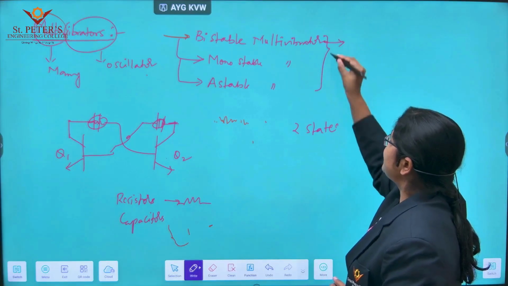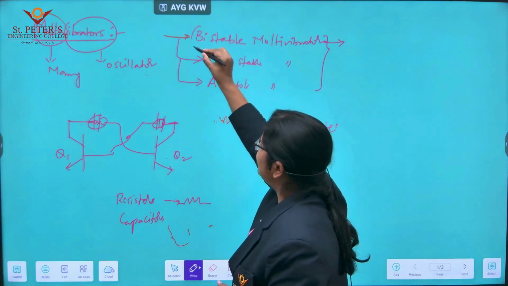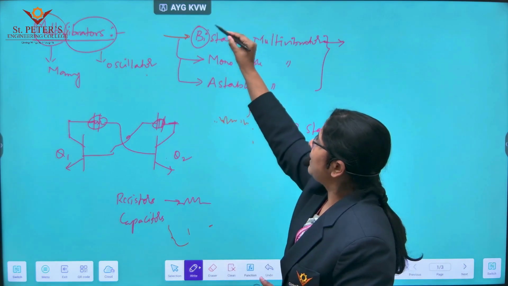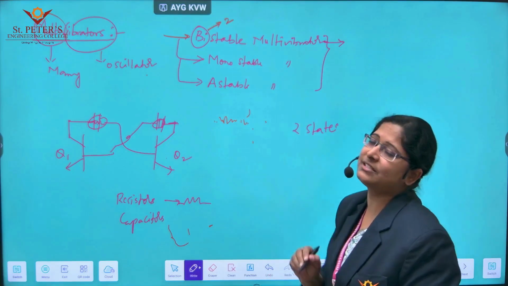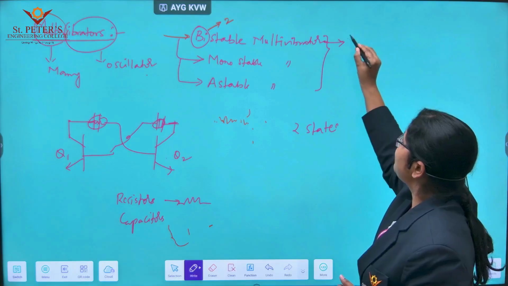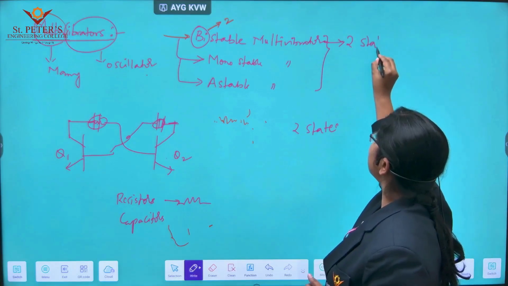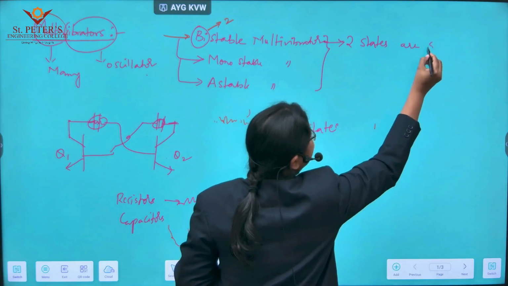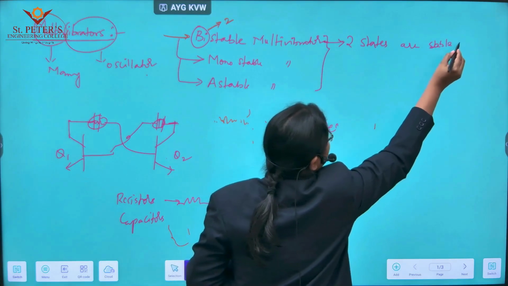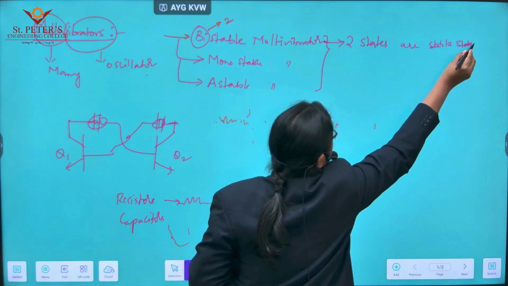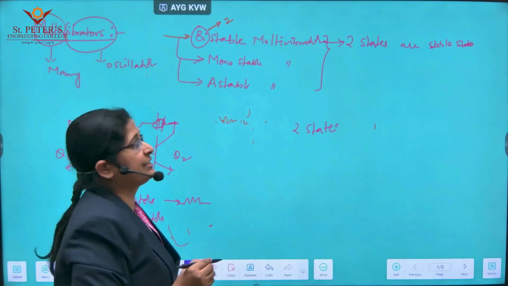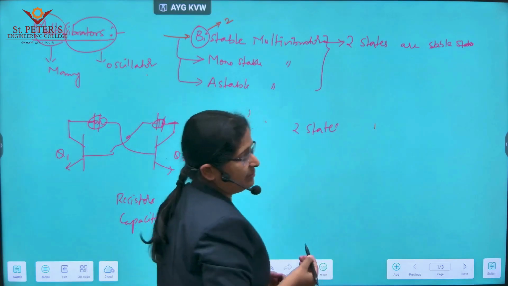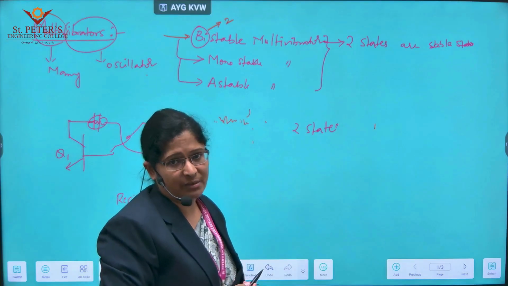In bistable multivibrator, as the term bi means two, there are two stable states. Both the states are stable states, and as both are stable states, in bistable multivibrator there is no quasi-stable state.